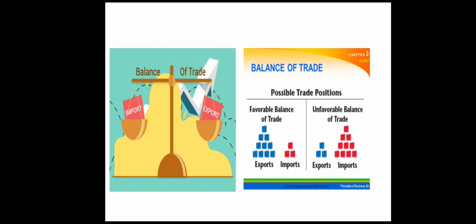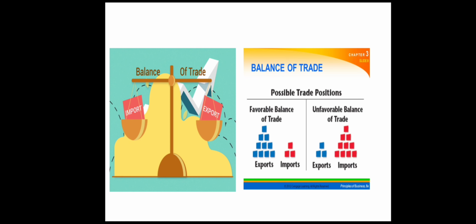And when we know the balance of trade, we must know what kind of trade is favorable balance of trade and what kind of trade is known as unfavorable balance of trade.